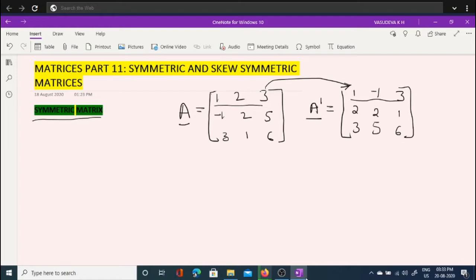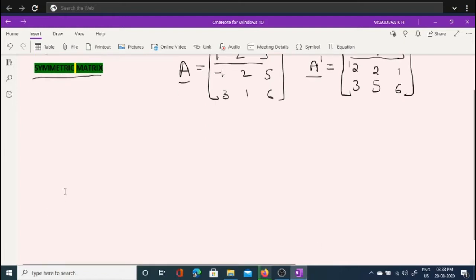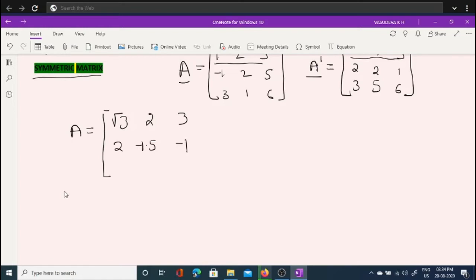Now let us take another example. ಈಗ ನಾನು ಇದೇ ರೀತಿಯ 3x3 ಸ್ಕ್ವೇರ್ ಮ್ಯಾಟ್ರಿಕ್ಸ್ ಅನ್ನು ತೆಗೆದುಕೊಳ್ತಾ ಇದ್ದೇನೆ. ಇಲ್ಲಿ if we take a matrix like this, root 3, 2, 3, 2, minus 1.5, minus 1, and third row is 3, minus 1, 1.